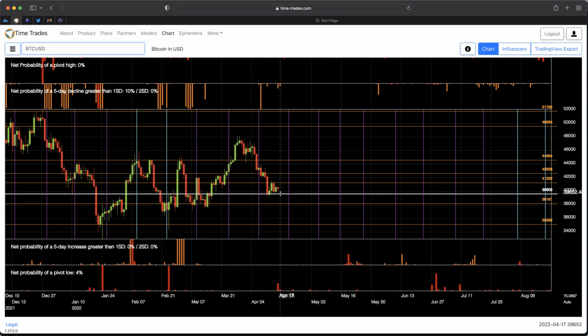And if this continues to hold and we kind of regain this next one here, I would take a bullish stance just based on price movement alone. And also the fact that we've got this pivot low here at 28% probability of a pivot low for April 16th. So that was yesterday, that was Saturday.